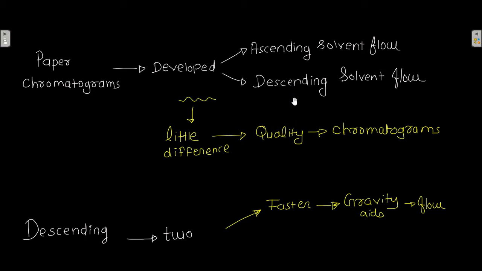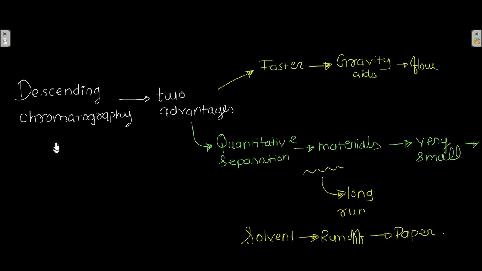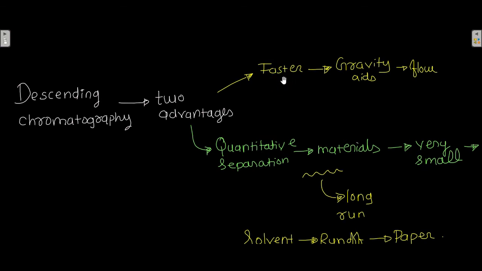Now descending chromatograms have two advantages. The first advantage is that the chromatogram is developed at a faster rate, as gravity aids the flow of solvent. The flow of mobile phase is aided by gravity, and that is how your chromatogram develops faster with the descending technique.